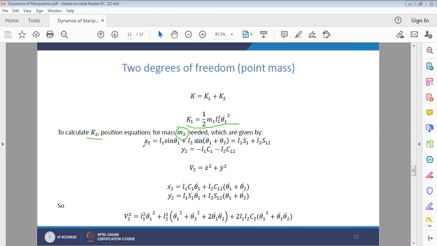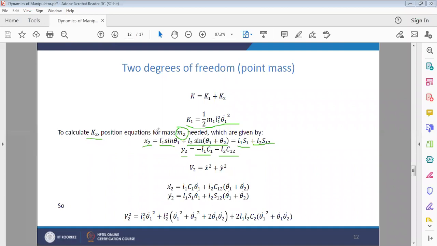The x2 coordinate of the mass M2 point is L1 sin theta 1 plus L2 sin of theta 1 plus theta 2, which in simple form is L1 S1 plus L2 S12. Similarly y2 is equal to minus L1 cos theta 1 minus L2 cos of theta 1 plus theta 2.